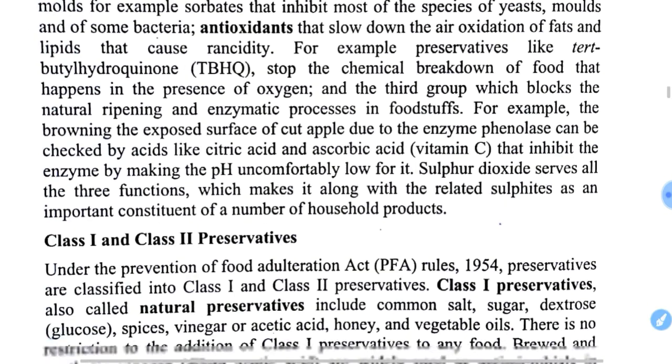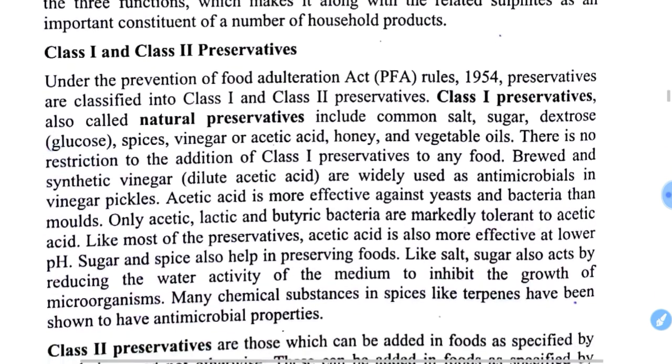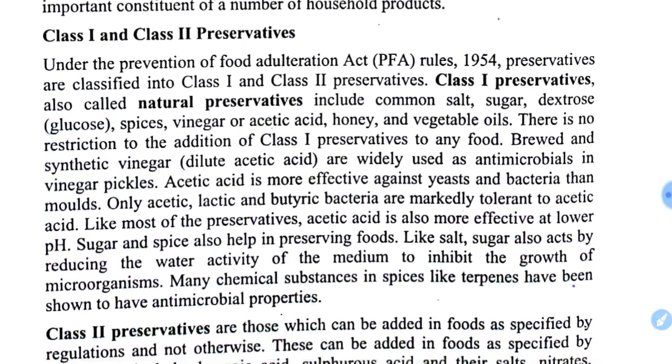One more thing, class 1 and class 2 preservatives. Class 1 preservatives are those natural preservatives that are generally available in our kitchen, like spices, vinegar, salt, and sugar. All these things are natural preservatives.